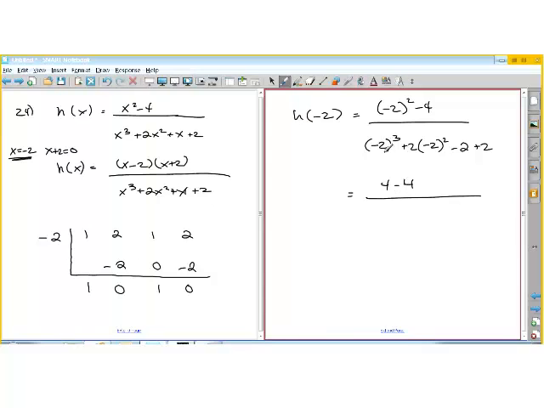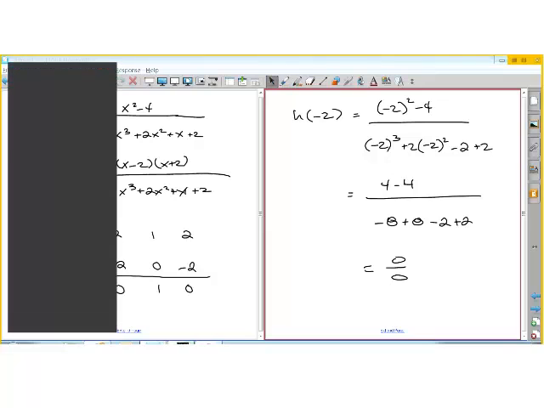Negative 2 squared is 4, subtract 4, so we have 0 in the numerator. Then negative 2 cubed is negative 8, negative 2 squared is positive 4, times 2 is positive 8, and negative 2 plus 2, so you can see it's 0 divided by 0, and therefore we know that x plus 2, or x equals negative 2, is a common factor. You still have to go through this to figure out what the resulting denominator is, but at least you know that it would work out. And we found out it worked out anyway because we had the 0 remainder.